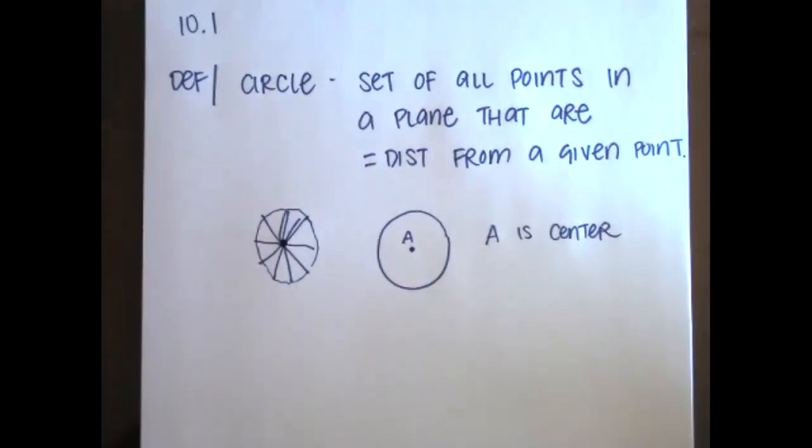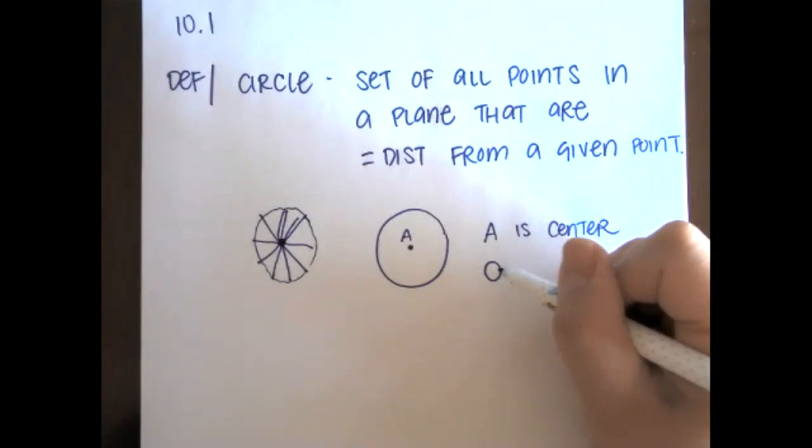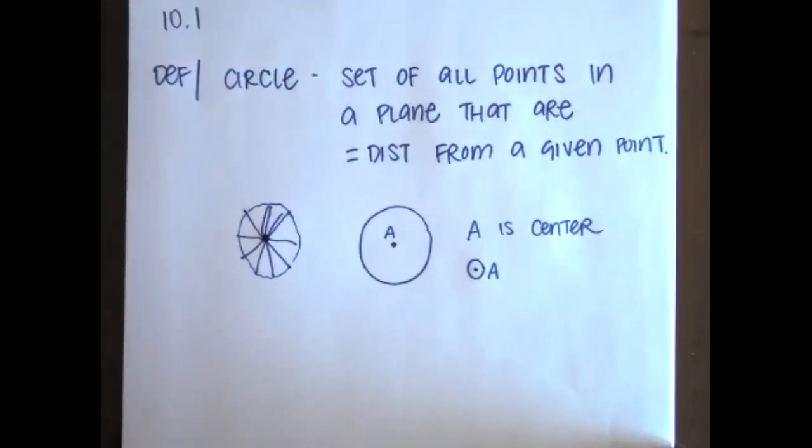The notation for a circle is circle A. They will always tell you circle A, like A with the center, because you need to know where the radius is. The only way you know if it's a radius or a diameter is if you know where the center is.